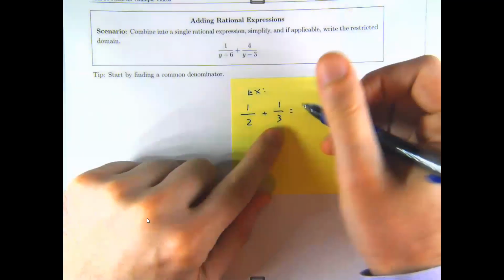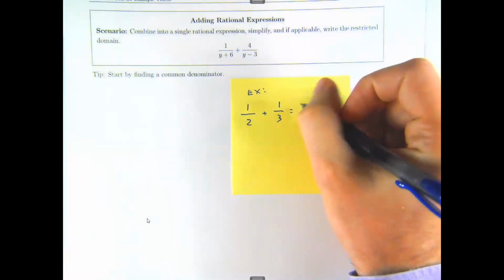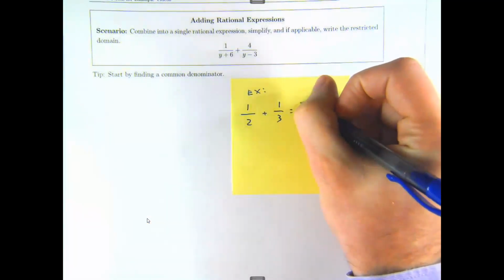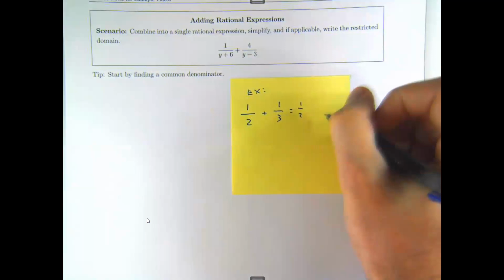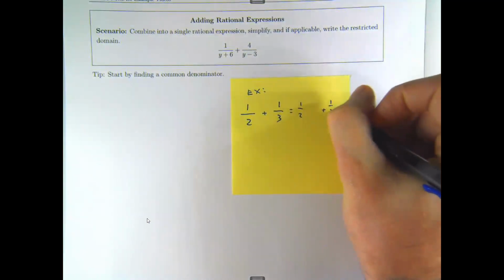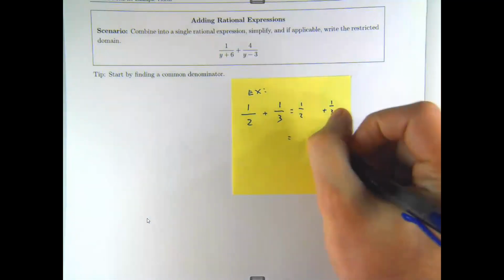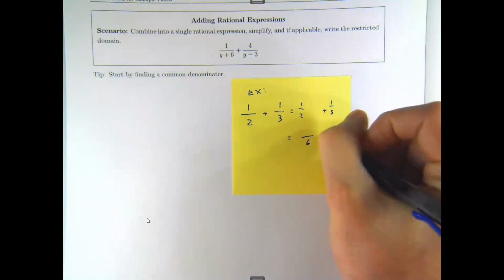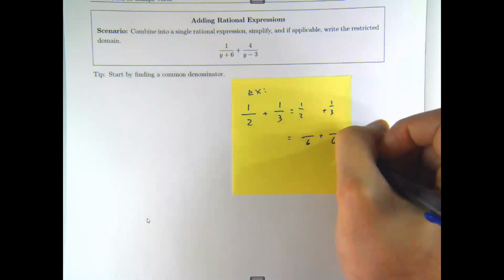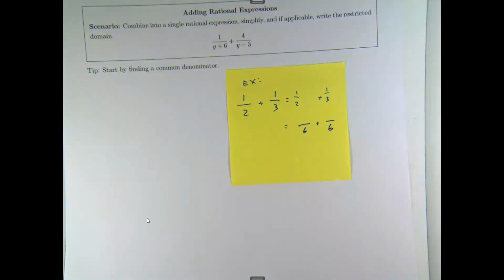So 2 and 3 both go into 6. So I'm going to try to make this first fraction have a denominator of 6, and the second one to also have a denominator of 6.